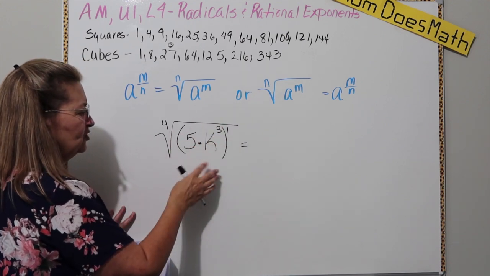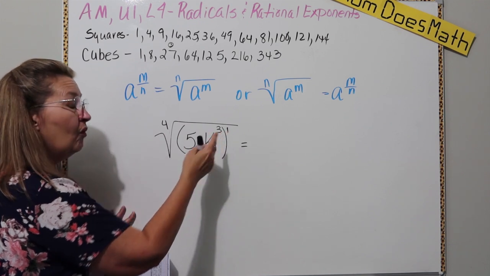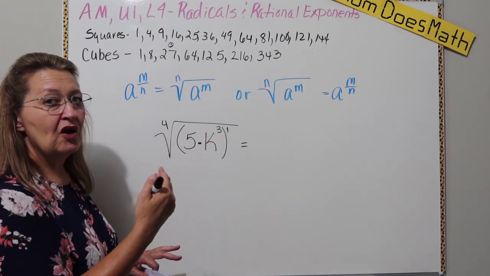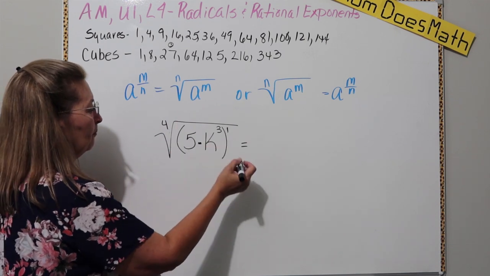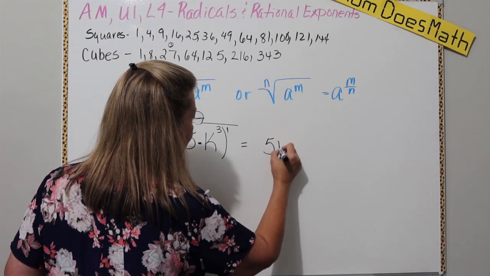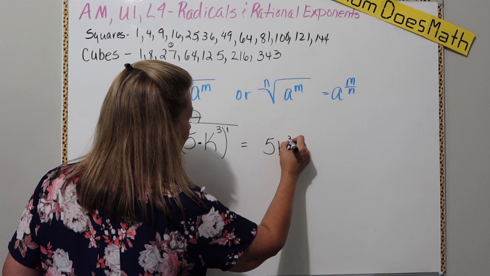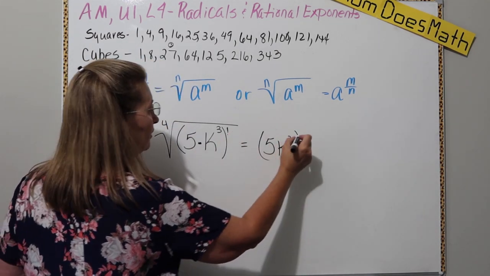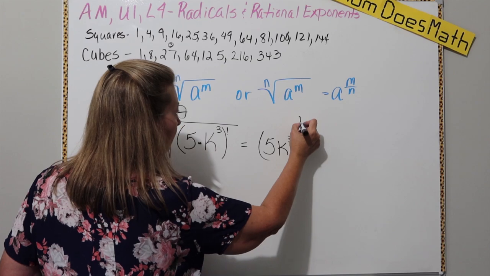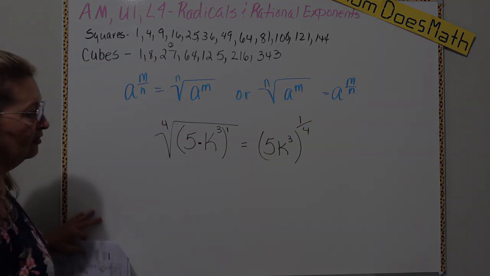What's actually the exponent of the whole thing? A 1, understood 1. So now convert this to exponential: you're going to take your base, which is 5k to the 3rd, and the 4 becomes your denominator and the 1 stays your numerator.